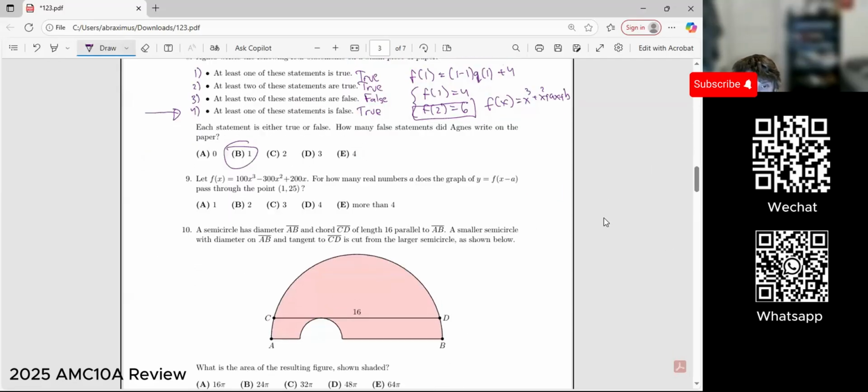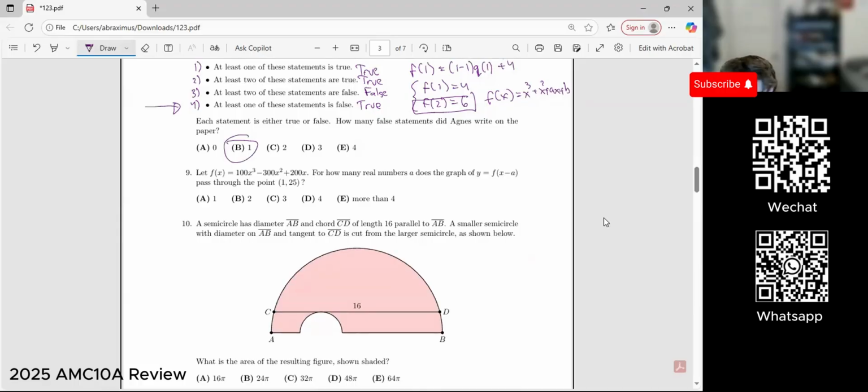Thank you. So let f of x be equal to 100x cubed minus 300x squared plus 200x. For how many real numbers a does the graph y equals f of x minus a pass through the point (1, 25)? So when we do f of x minus a, basically what that does is it just translates the graph over by a, right?